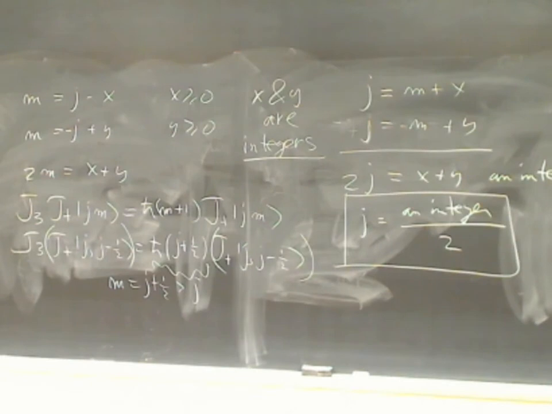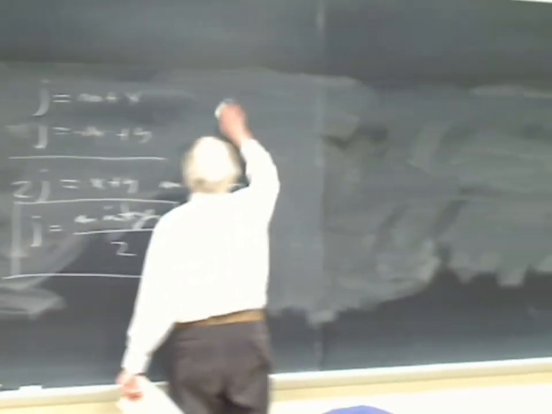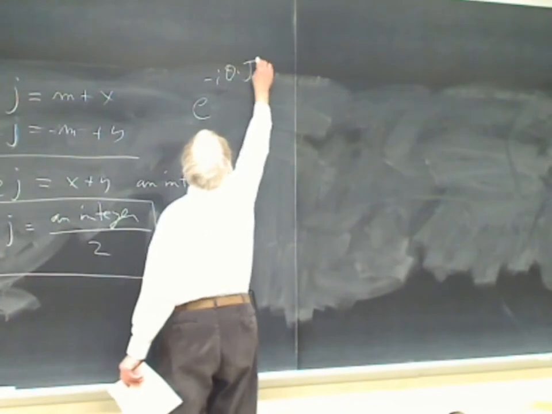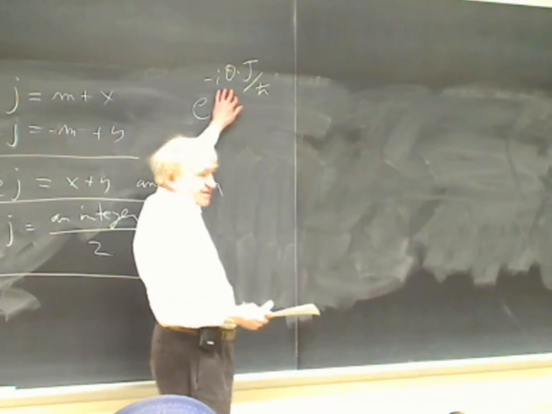This result is a result in quantum mechanics, but it's also a result in Lie algebra theory. If we had been doing this simply from the point of view of group theory, we wouldn't have introduced h bar at all. We only introduced h bar because we wanted to have the operator that generates rotations, e to the minus i theta dot J over h bar, the angular momentum, and so we had to put in an h bar to make this thing dimensionless.